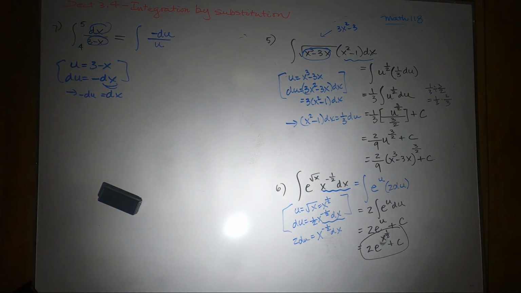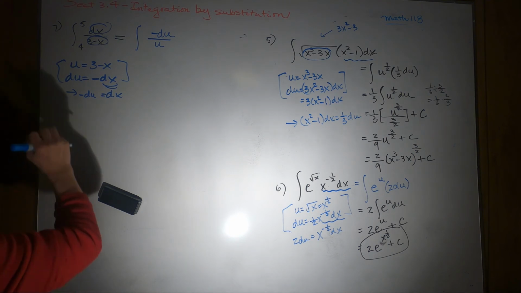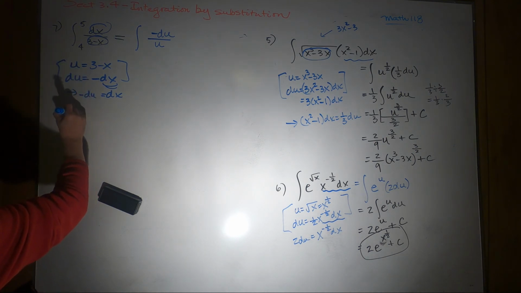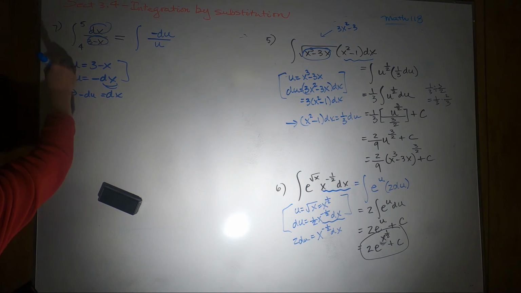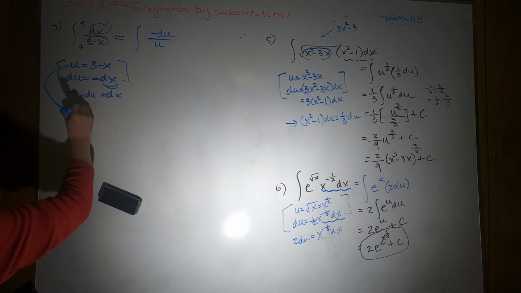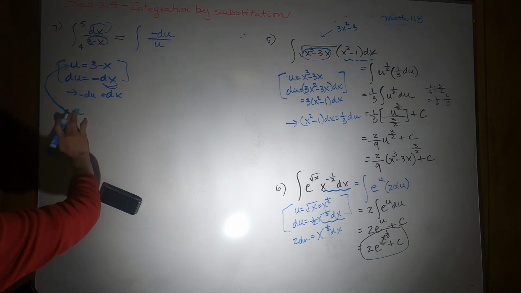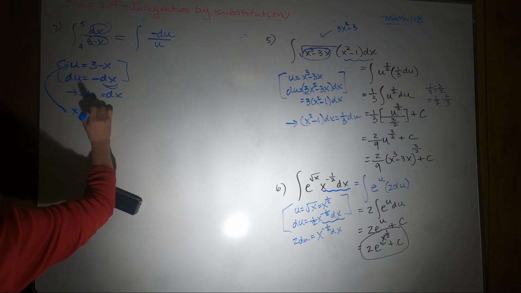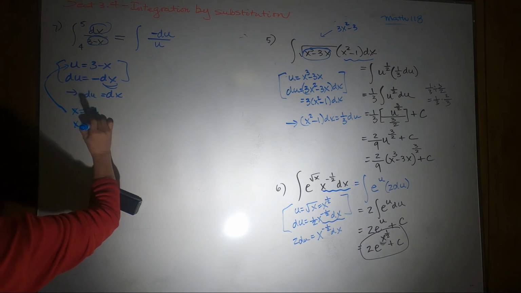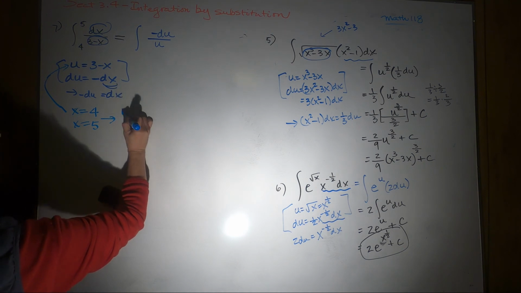Then what happened? We were doing the x from 4 to 5. Now it's no longer x. We have to find the u, right? So x was what? 4 to 5. Then what happened to the u?